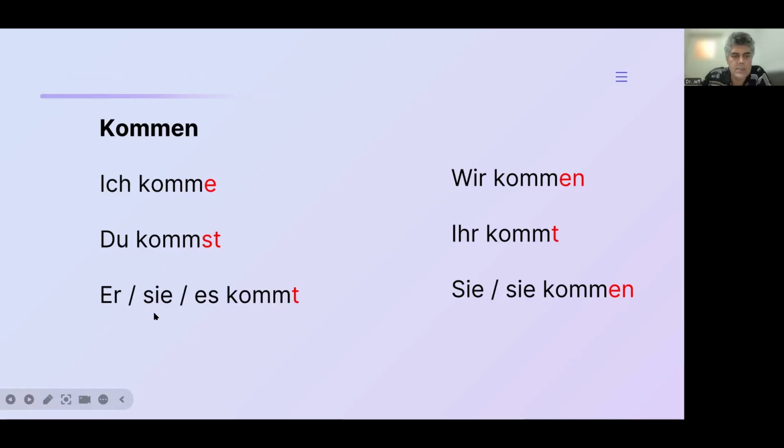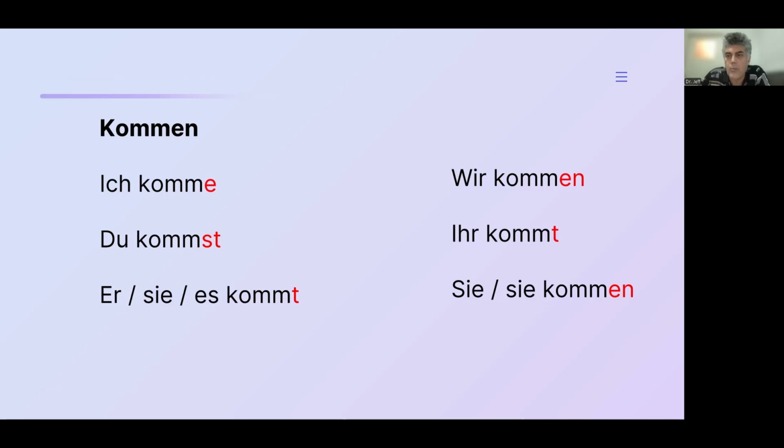Er, sie, es, three of them the same. Kommt. Er kommt. Sie kommt. Es kommt. Wir kommen, like the infinitive.